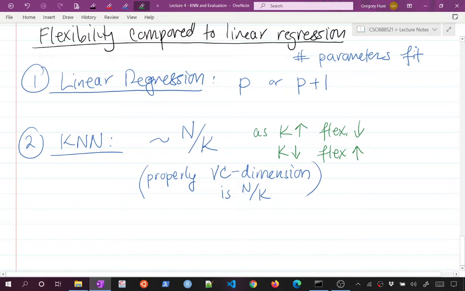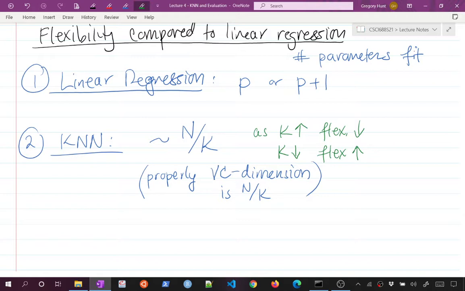Notice that for regression, you can actually increase the flexibility. And one way you could increase the flexibility is you could increase the value of p. Well, how can you increase the value of p, right? Isn't p the number of variables? p is not the number of variables. p is the number of columns in my design matrix, or p plus 1 is the number of columns in my design matrix, right?